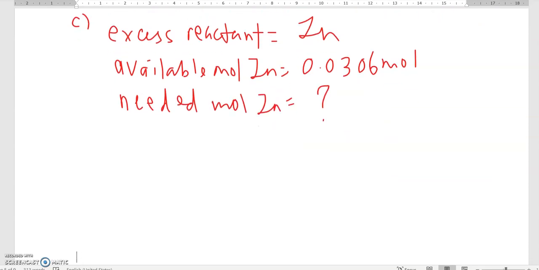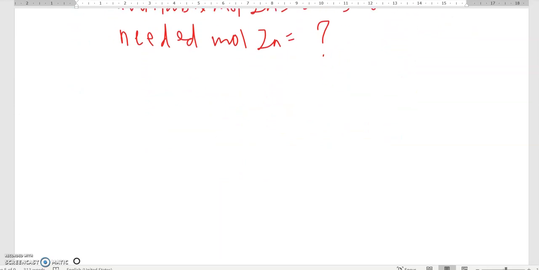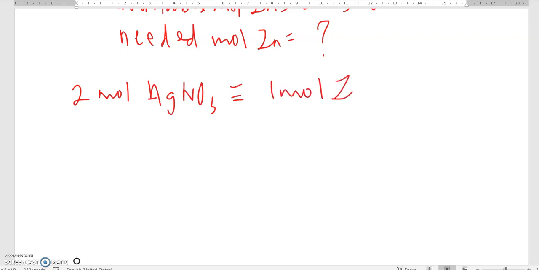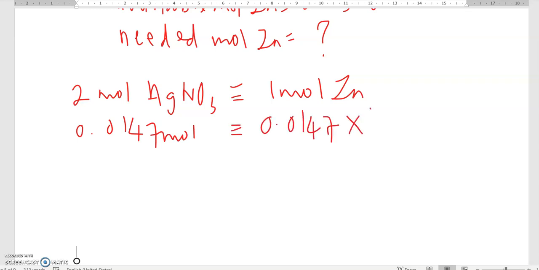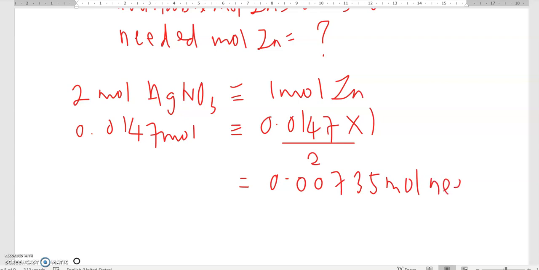So by using the stoichiometry, we compare the limiting reactant to the excess reactant. So 2 mole of silver nitrate reacted with 1 mole of zinc. So by using available mole 0.0147 mole of silver nitrate, 0.0147 times 1 over 2, we get 0.00735 mole needed for the zinc.